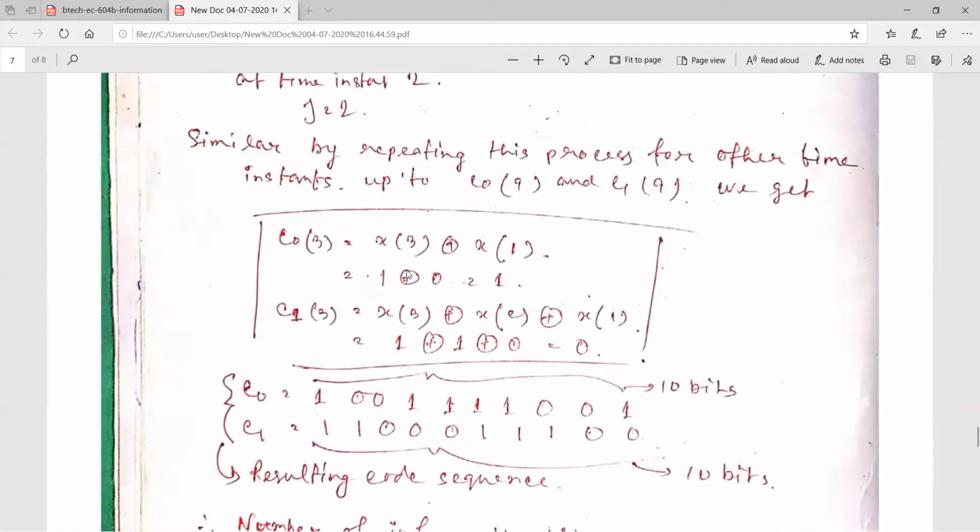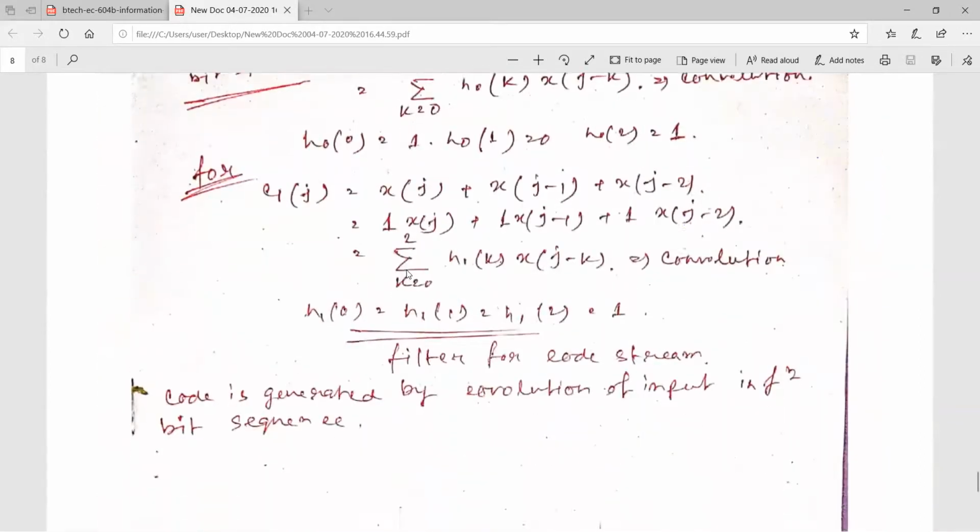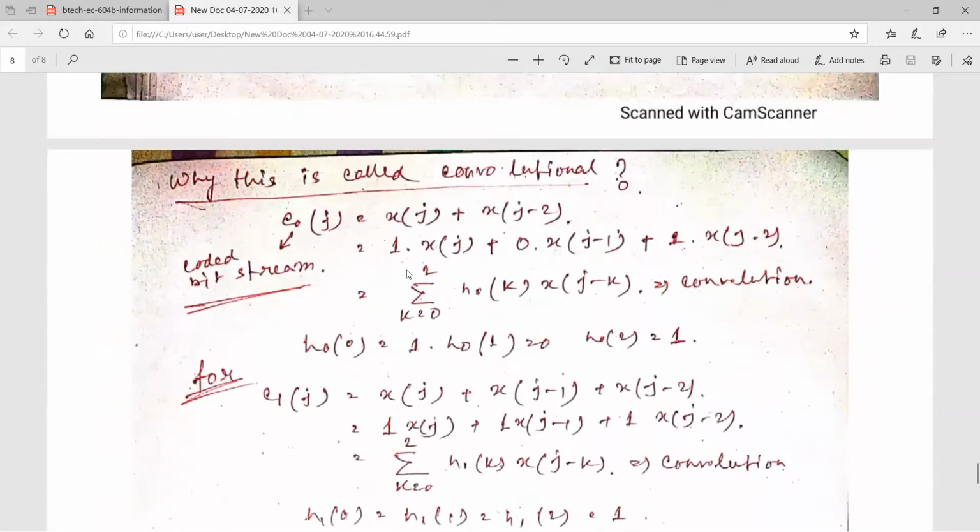Right? So up to this point was this lecture, and this is the initiation. This is basically the basics of the convolutional code, an introduction to the convolutional code, and why this is called convolution.